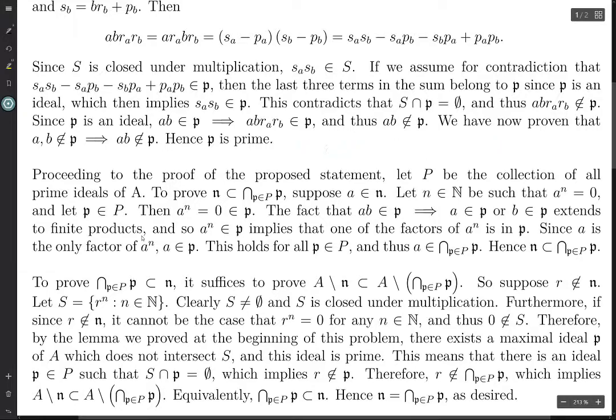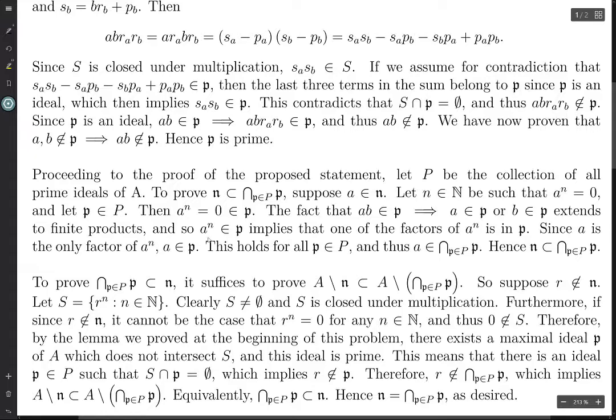So basically, if you have a product A1 times A2 all the way up through AN that is an element of P, then some Ai must be in P. And that's just a very easy induction argument from this statement.